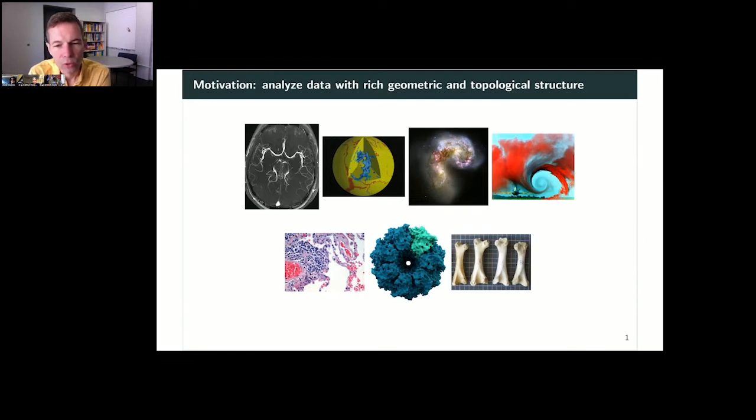So we would like to quantify and learn from the shape of data. So we're particularly interested in data that has some interesting geometry that's both crucial for understanding the data and is sufficiently complicated that other methods have difficulty making full use of that data.